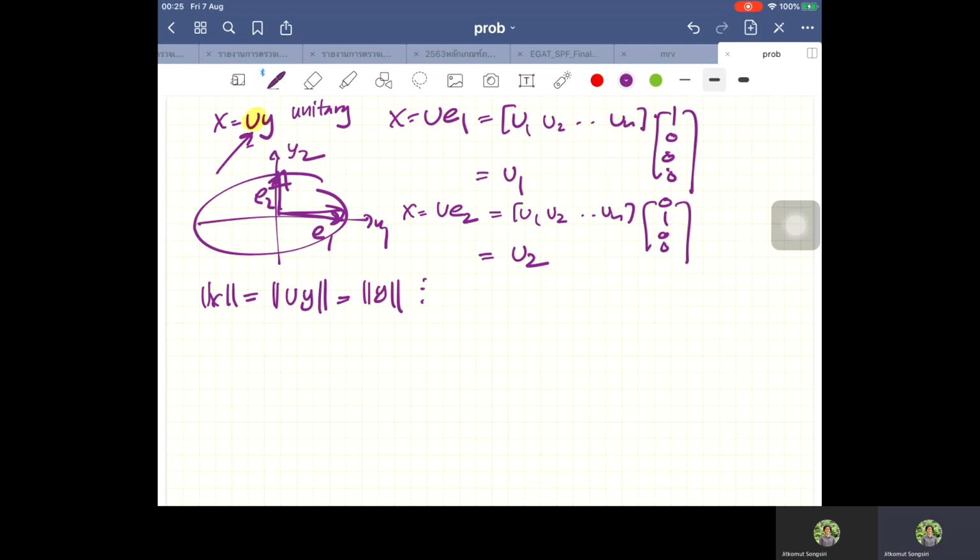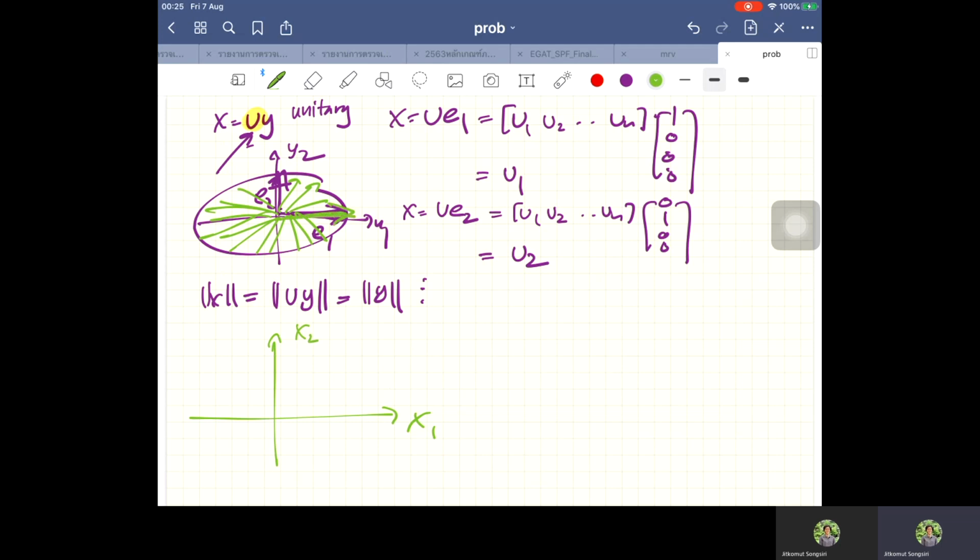So the green vectors are all the vectors that lie on the ellipsoid of y. If you map all the green vectors with U, the result will change only the direction, but it will not change the magnitude or the norm. So that is the result of the ellipsoid in x.